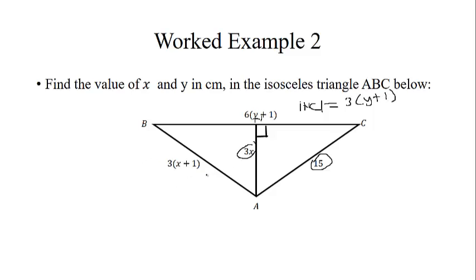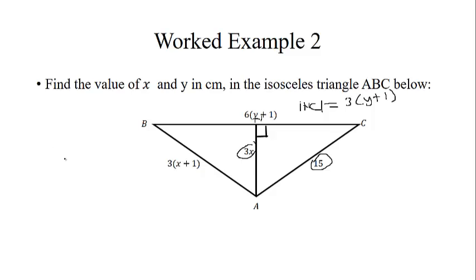So now, if we rush to use Pythagoras theorem over here, we are going to get two variables that will be difficult for us to solve. So we can use this isosceles property to determine the value of x first.